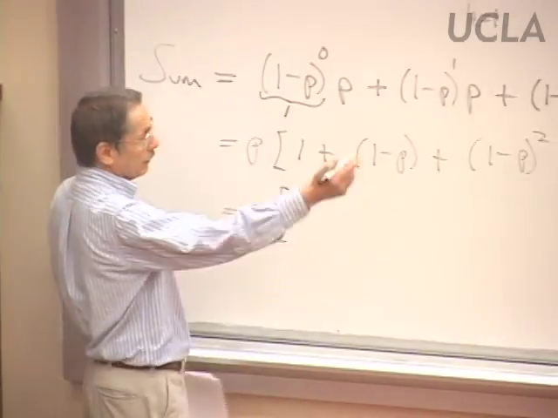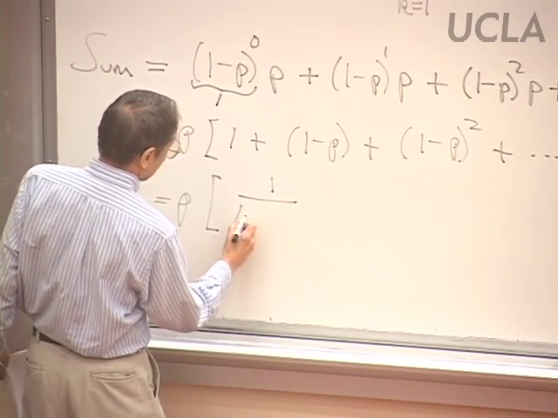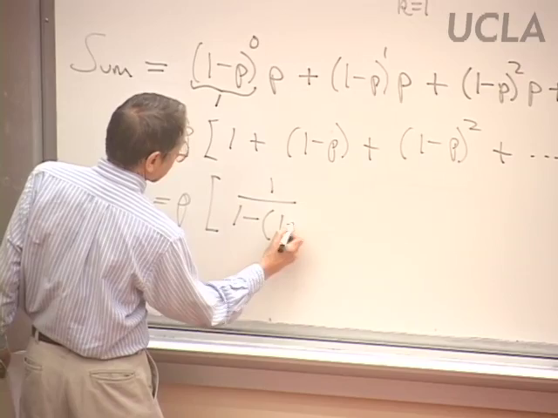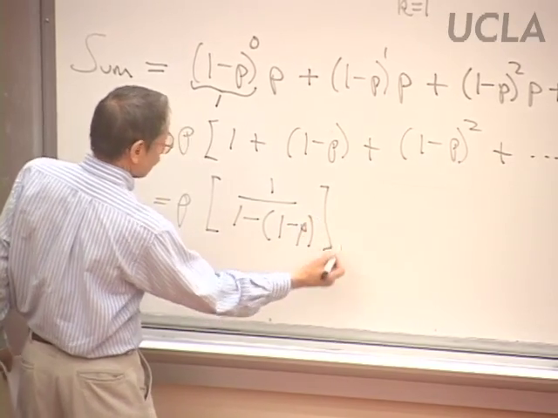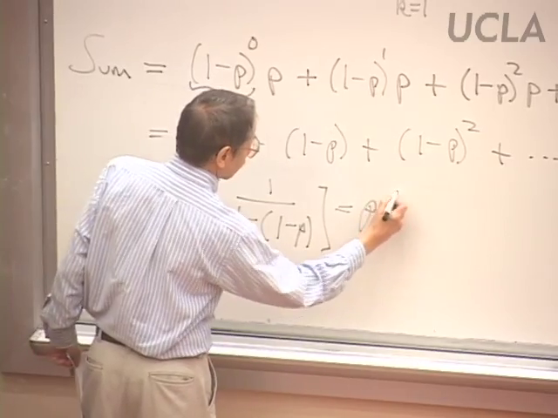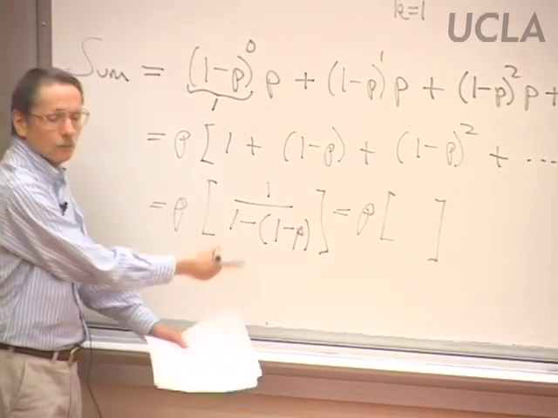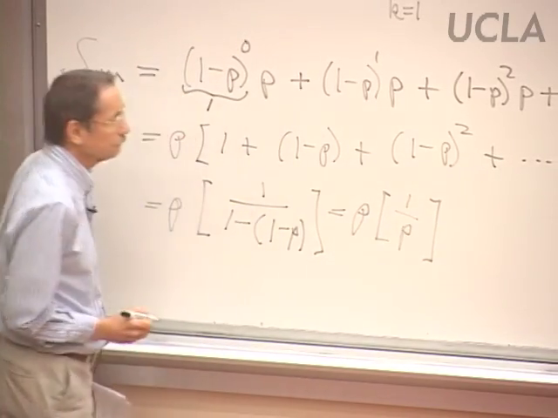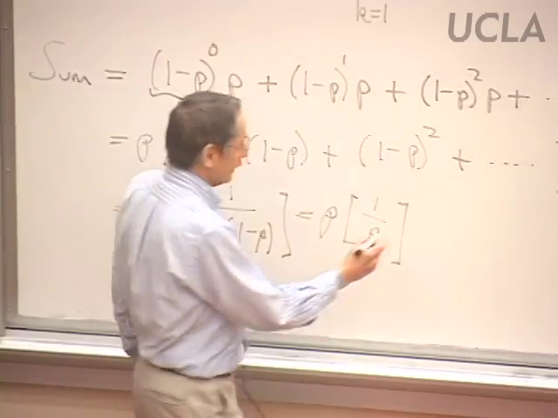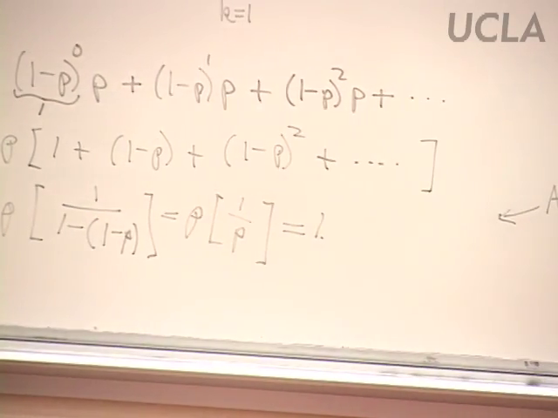So by equation number 1, that's 1 over 1 minus r, and r here is 1 minus p. Okay, 1 minus (1 minus p) simplifies a bunch. It's just p. Good, it added up to 1.